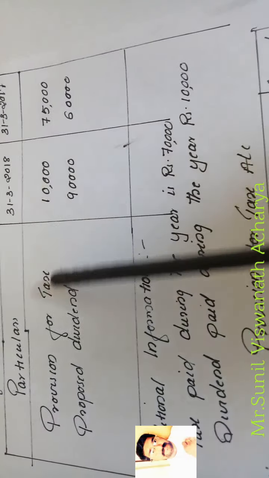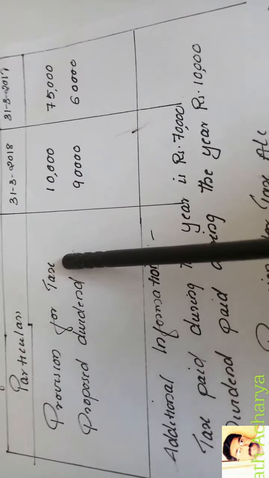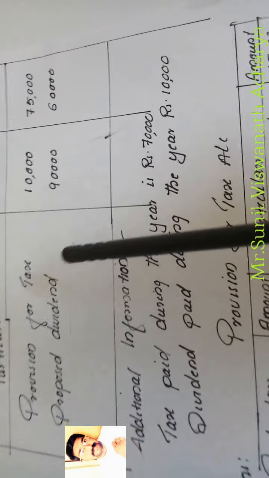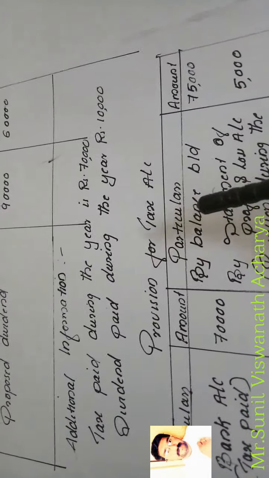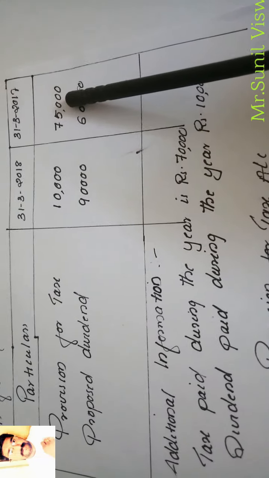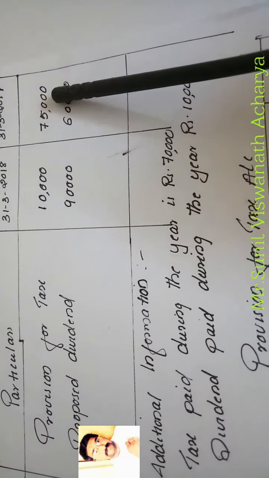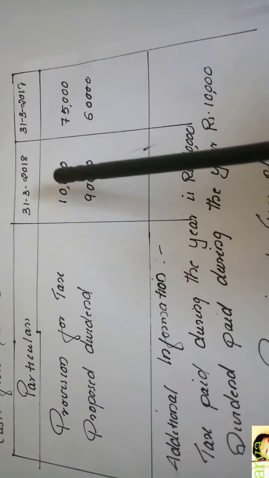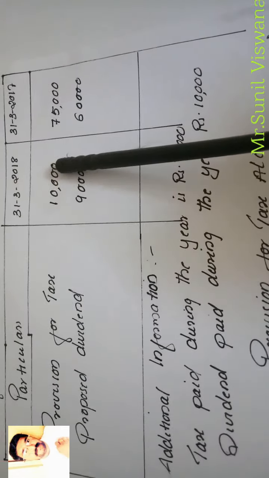Now, provision for tax is a liability, actually a credit balance. That is why you should remember that the opening balance, meaning the first year's amount, is the previous year's 75,000, and the current year's amount is the closing balance.